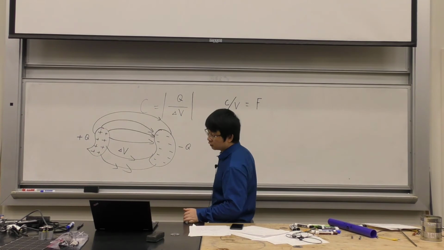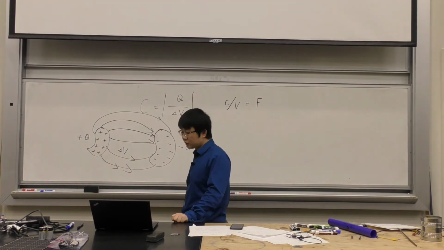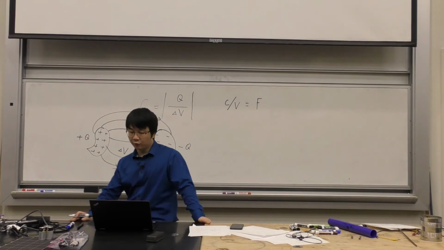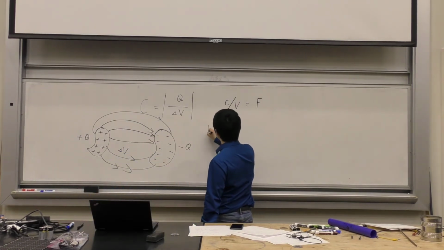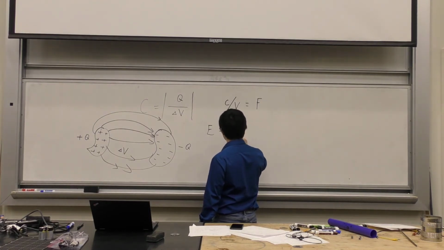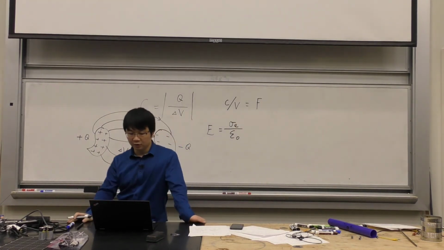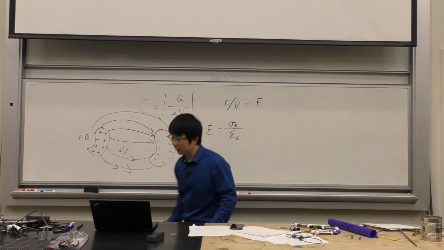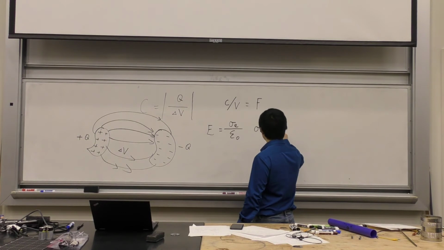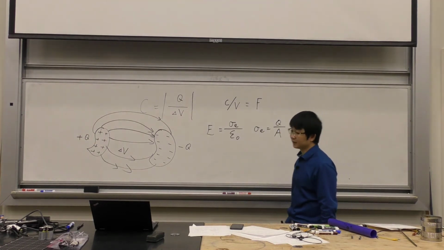All we need to do is use the equations we know about the parallel plate capacitor. For example, we already know the electric field is sigma over epsilon naught, and sigma is the charge on each plate divided by the area of each plate.